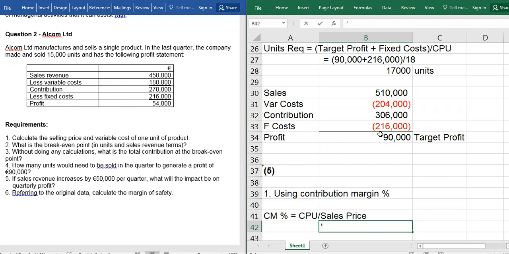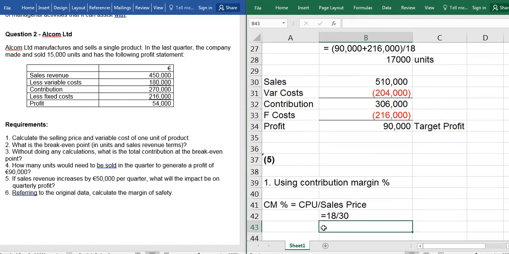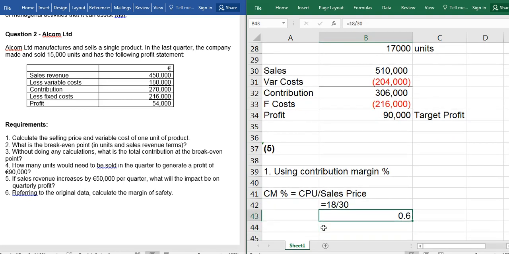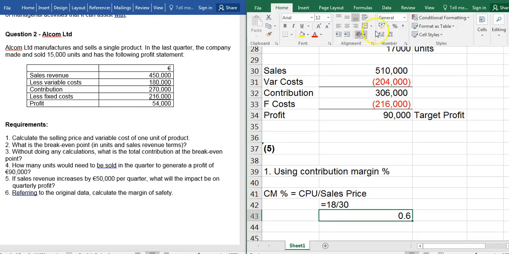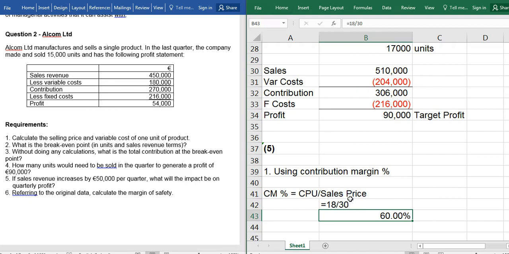And in our case, it's 18 over 30. 18 of every unit sold out of a selling price of 30 goes to contribution. So 18 over 30, your contribution margin is 60%. So if we know that, we can say the impact on profit will be 50,000 times 0.6.